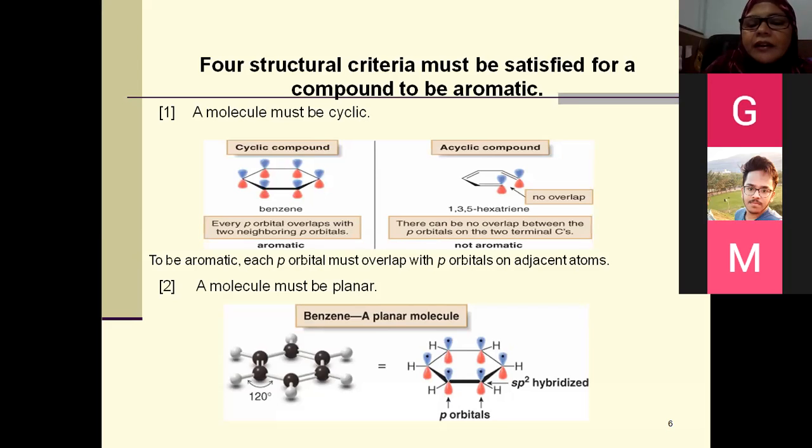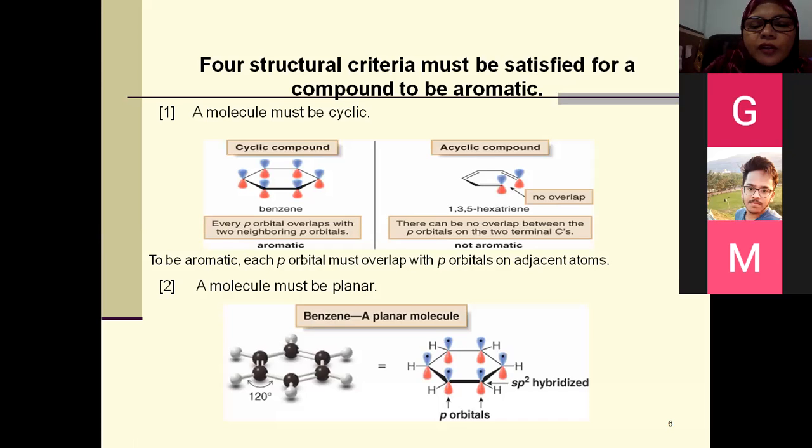So here you can see that each carbon atom is sp2 hybridized, as I have told you. Suppose we take the example of this carbon atom. This carbon atom is overlapping with one hydrogen, that is the s orbital of hydrogen, and 2 p orbitals of the other carbon atoms, on this side and on this side. So that's why it is sp2 hybridized.